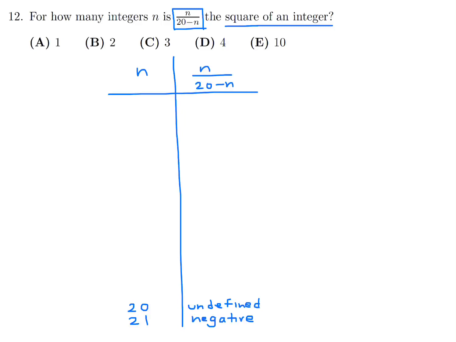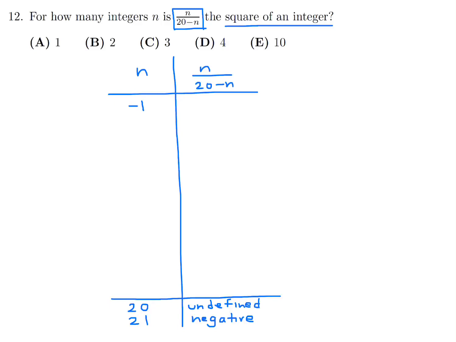So we obviously have to look at integer values less than 20. And very similarly, we have to make sure that we put in values that are positive, because if I put in negative values like -1, again, we're going to have a negative number.